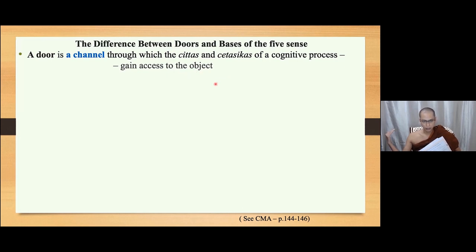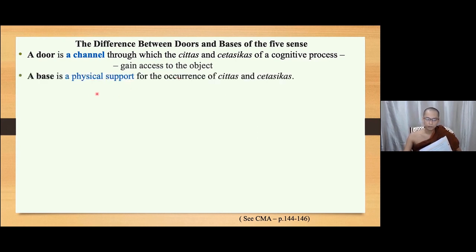The door is the materiality. Using this materiality as the channel, the citta and cetasika can take their object. Without them, they cannot. That is why they are the door.